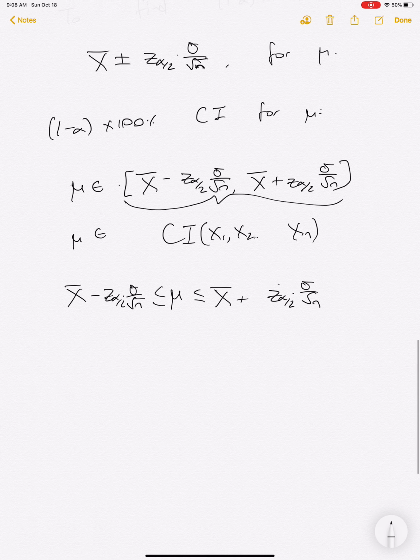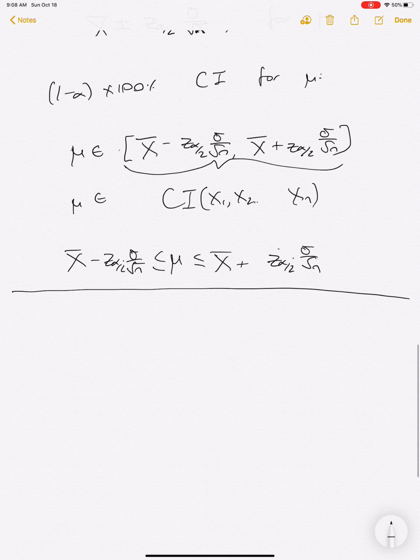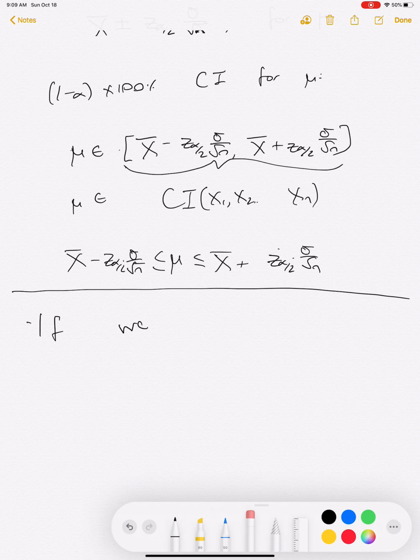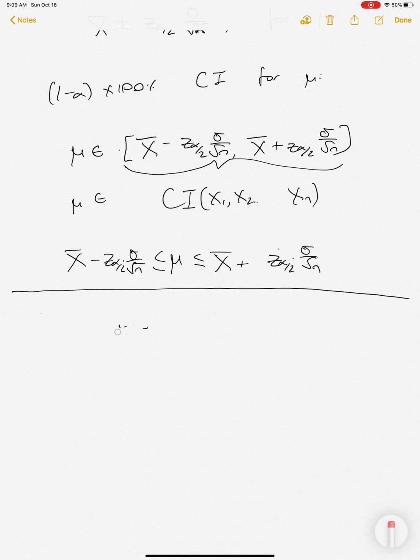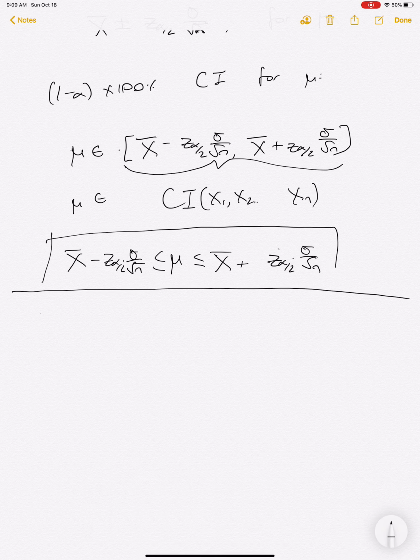The thing to remember is the 1 minus alpha times 100% confidence interval for mu in terms of this data x bar.